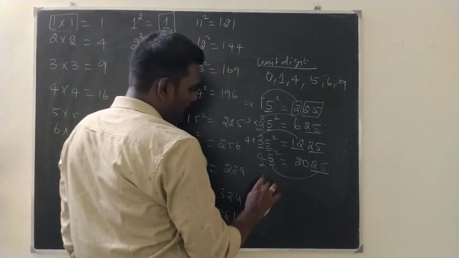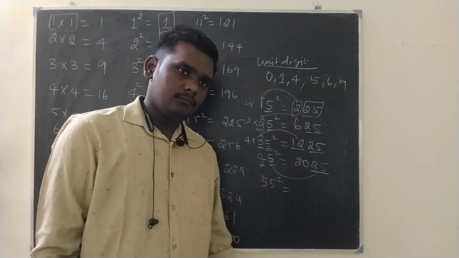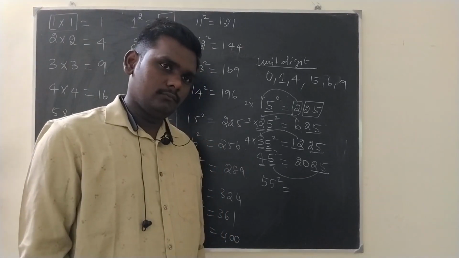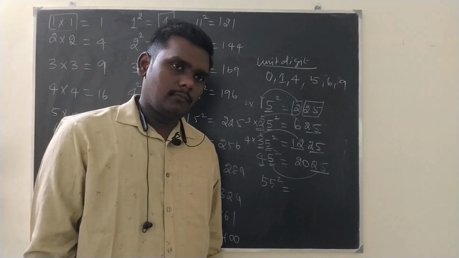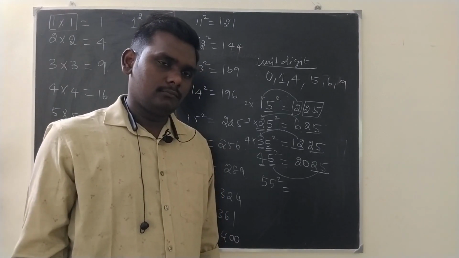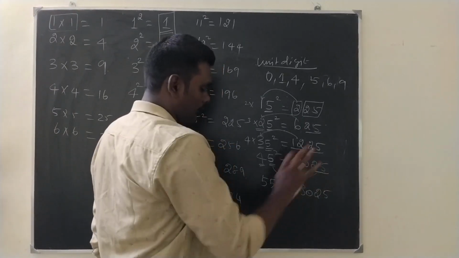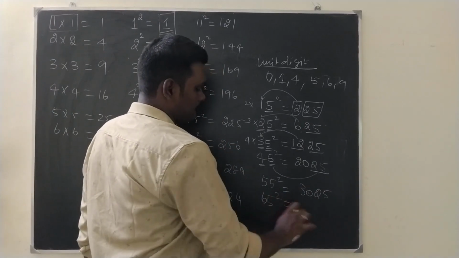Can you say what is 55 square? 3025. Good. 3025. 65 square.